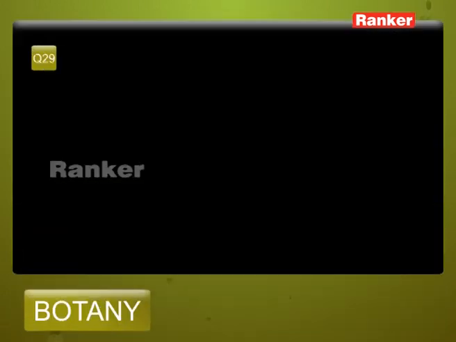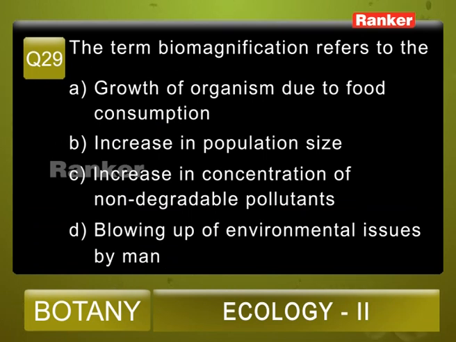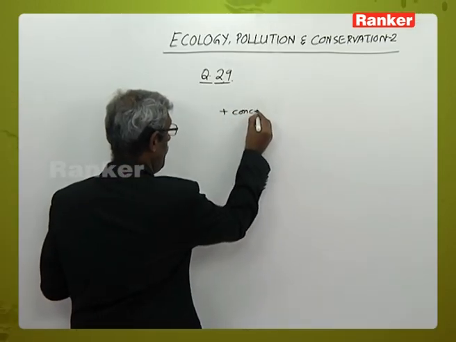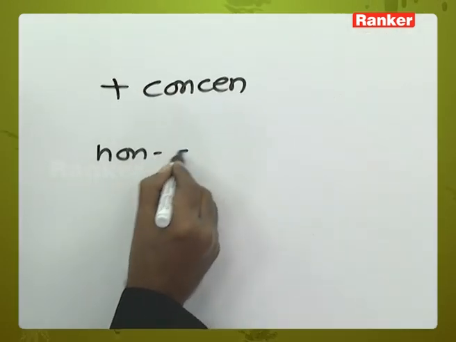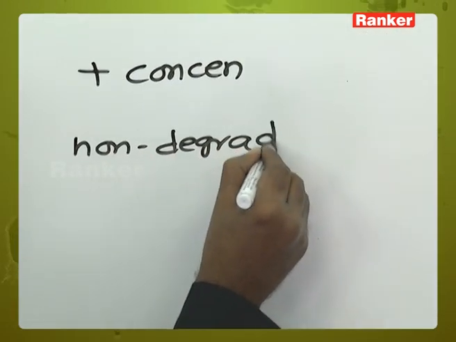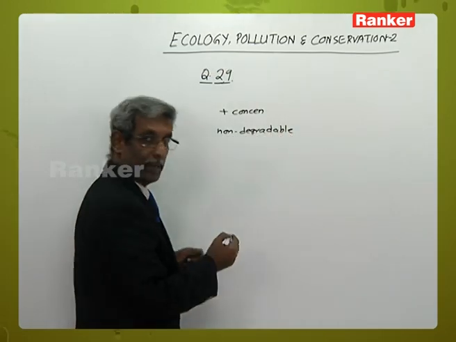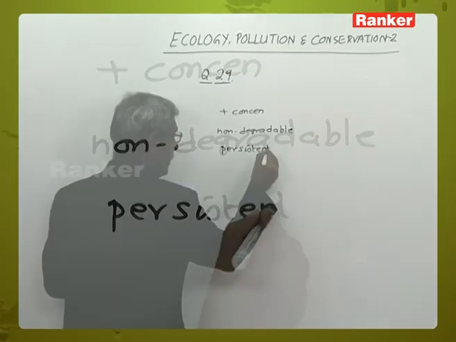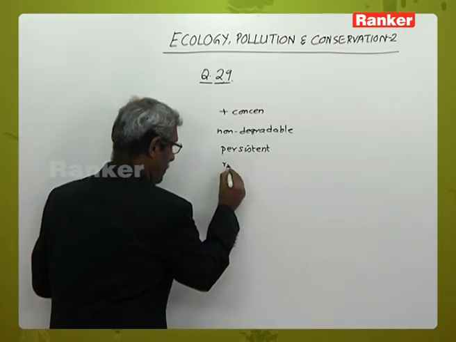Question number 29. The term biomagnification refers to the A. Growth of organisms due to food consumption, B. Increase in population size, C. Increase in concentration of non-degradable pollutants, D. Blowing up of environmental issues by man. Whenever we have increase in concentration of non-degradable, when you say non-degradable, it means we have persistent or we have residual.